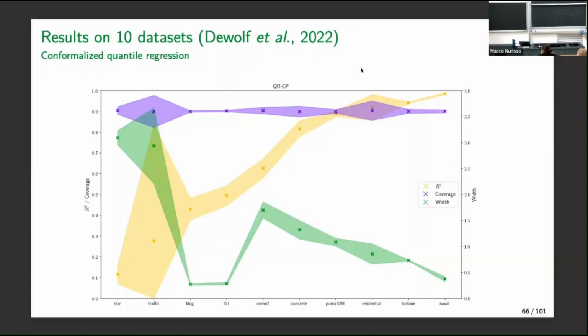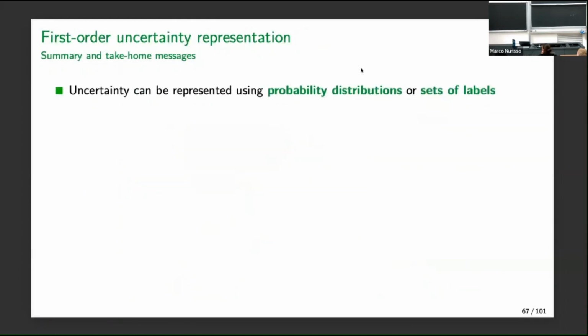That's why conformal prediction has now become quite popular as a post-processing technique to make sure that you have certain coverage guarantees. Okay, to wrap up my part. I've talked about how uncertainty can be represented by a first order representation in the form of a probability distribution.